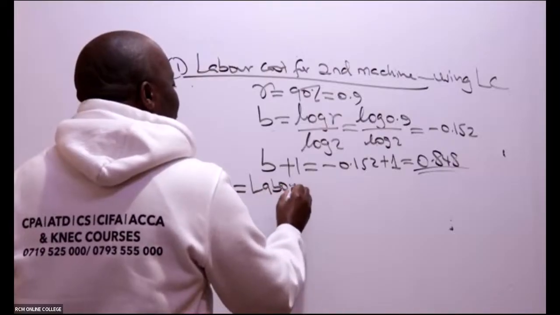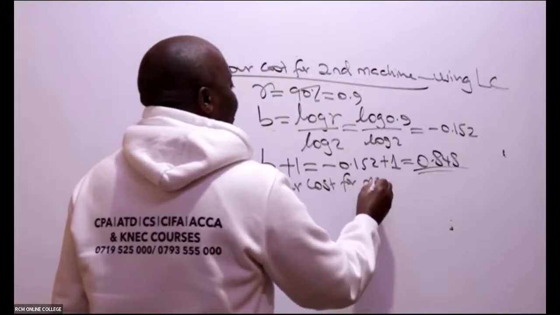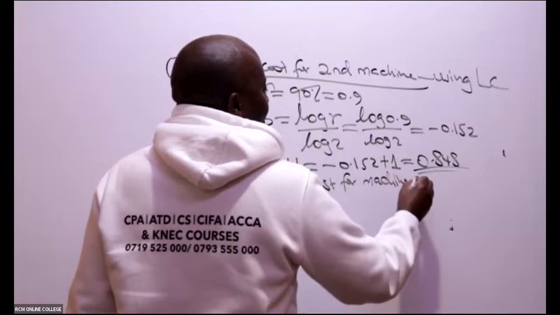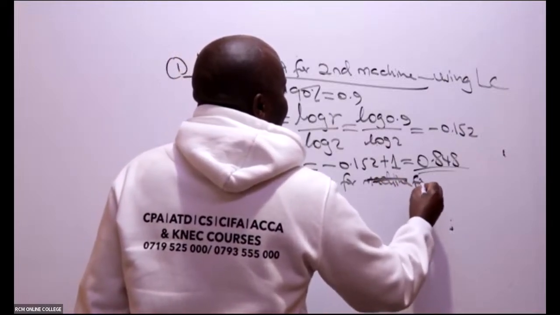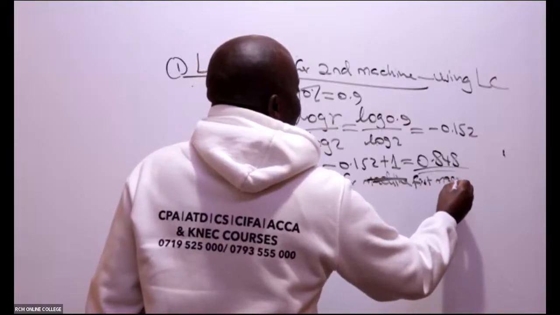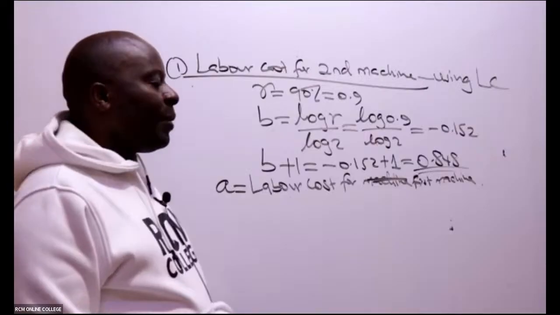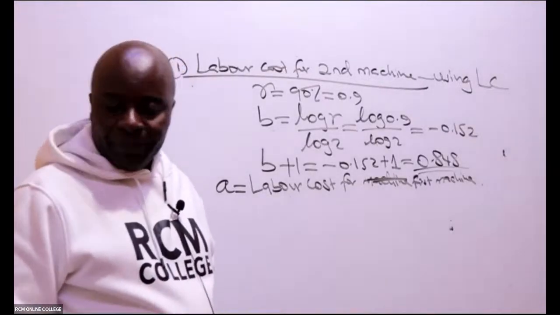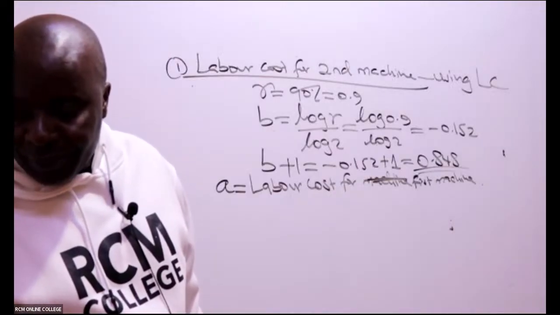A will be the labor cost for the first machine. I can use it as labor time, but if I'm able to establish the labor cost for the first machine, my work will become really easy.